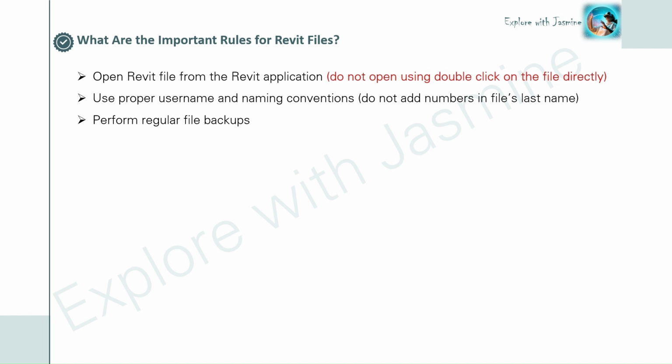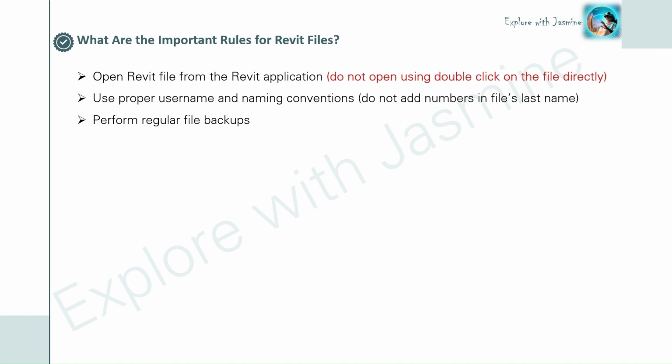Second, avoid using numerical figures or special naming styles in Revit usernames or file naming conventions where company standards restrict them. Proper and consistent naming helps improve collaboration, model tracking, and coordination among project team members. Third, always back up Revit files regularly.